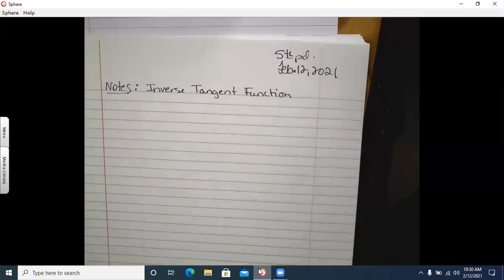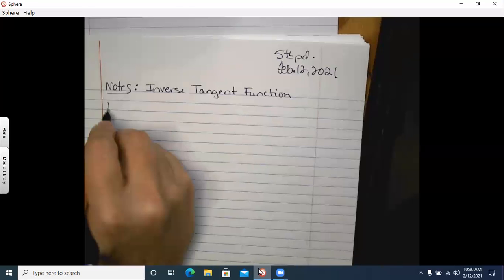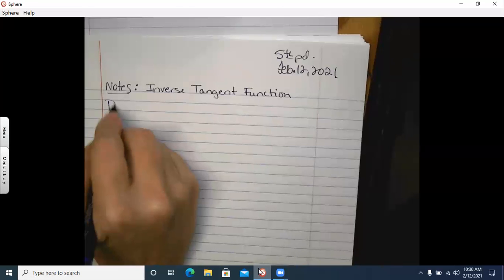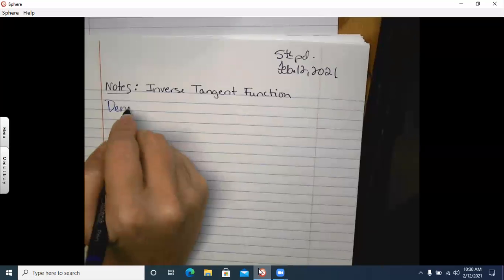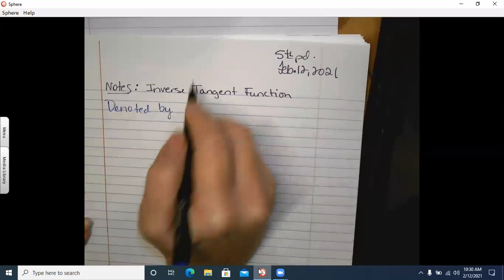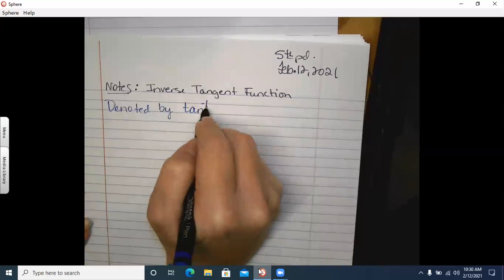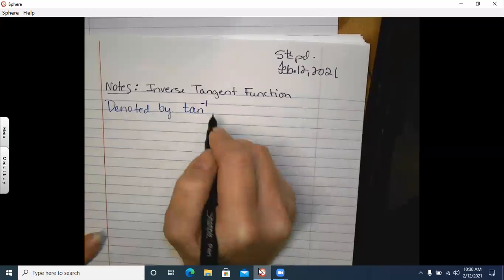So for tangent, we also have to restrict the domain. So instead of showing you again, I'm just going to tell you what the domain is restricted to, okay? So, denoted by tan with a little exponent of -1, but we know that's really not an exponent when we're talking about inverses.